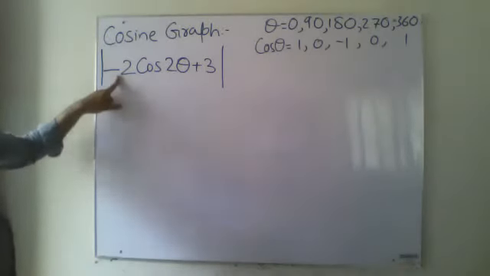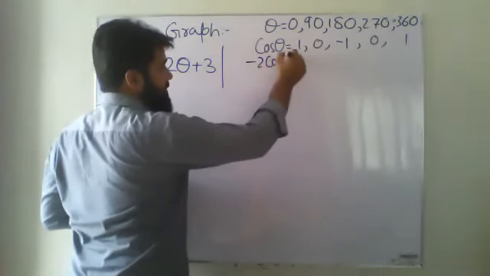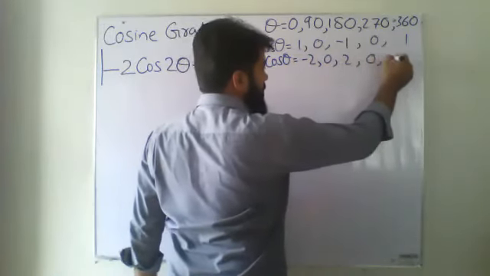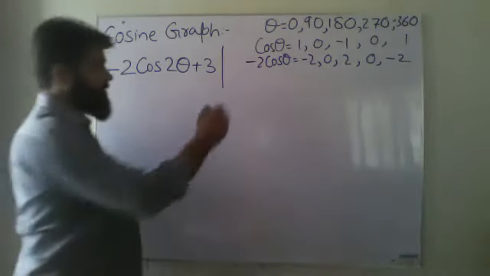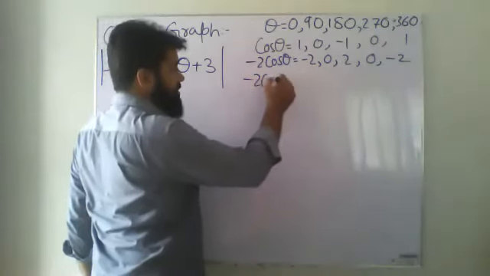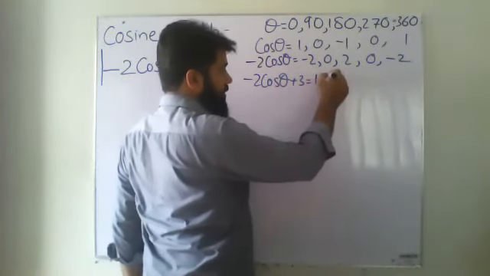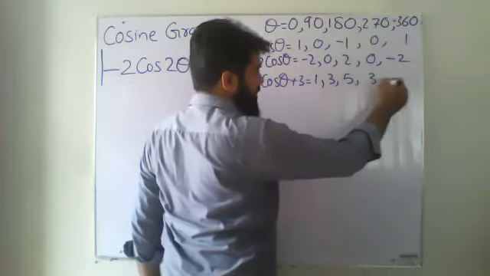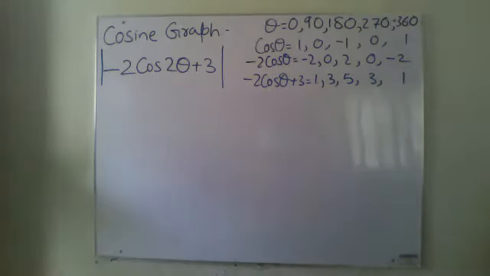So first of all, minus 2 cos theta means minus 2, 0, 2, 0, minus 2. Plus 3. So minus 2 cos theta plus 3 equals 1, 3, 5, 3, 1. Okay, 1, 3, 5, 3, 1.